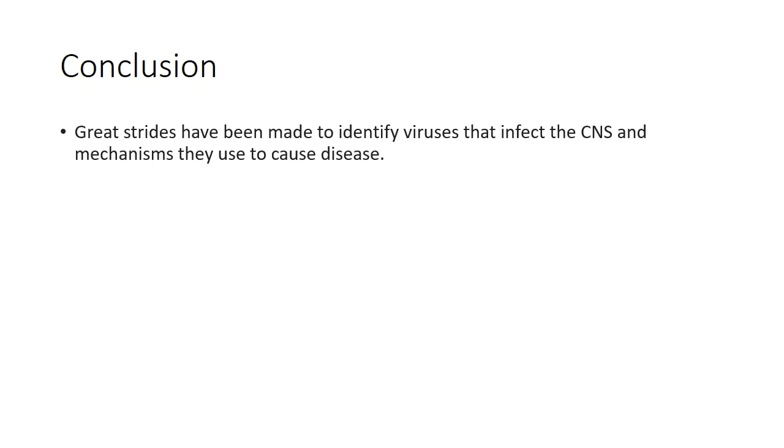So now, what do we conclude from this session today? Great strides have been made to identify viruses that infect the CNS and the mechanisms they use to cause these viral diseases.